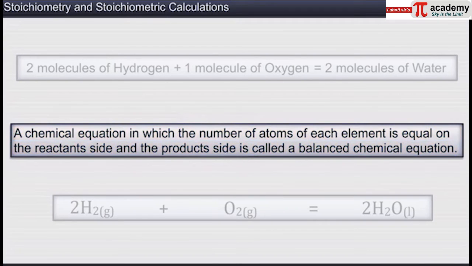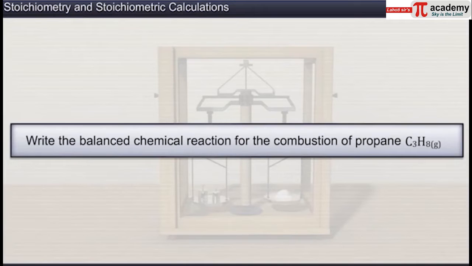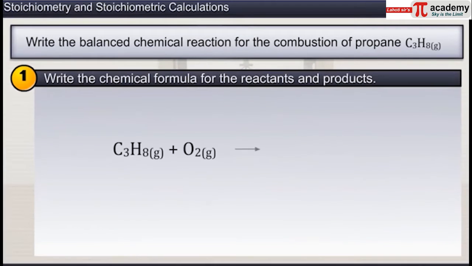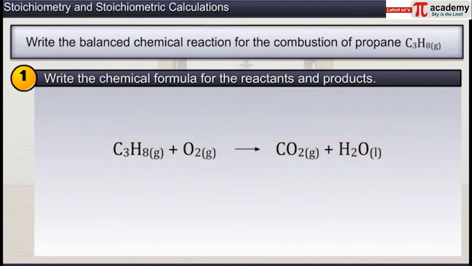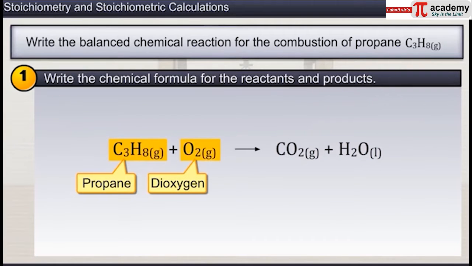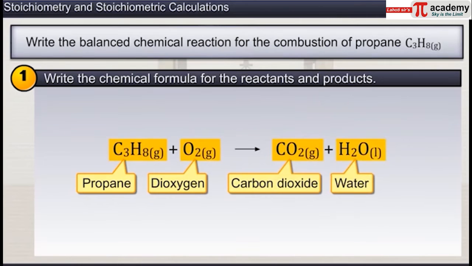Let's look at the steps to balance a chemical equation. Let's say we have to write the balanced equation for the combustion of propane. The first step is to write the chemical formula for the reactants and products. In this case, propane, that is C3H8, reacts with dioxygen, O2, to form carbon dioxide, CO2, and water, H2O.